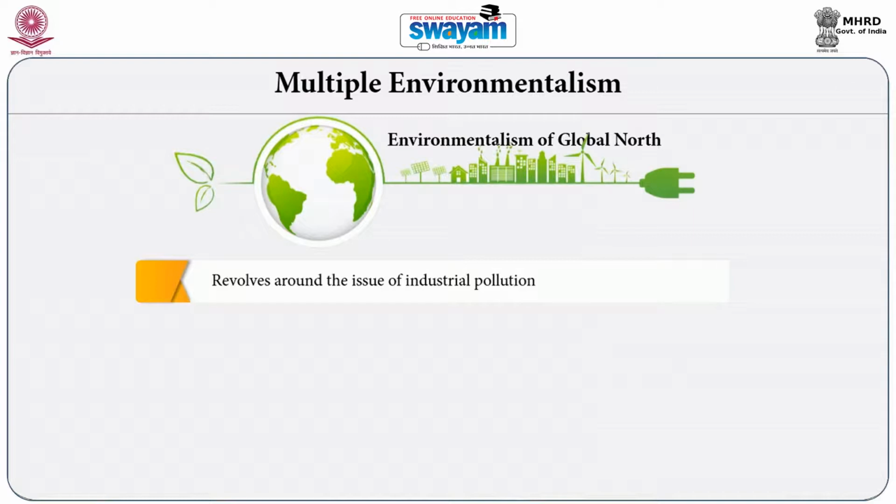So these are single issue movements which emerge in a post-material context, in the sense that throughout the process of industrialization or industrial growth, environmental factors did not occur significantly in the developed societies. It is only from the 1960s and late 70s onwards that we find the emergence of environmental movements in different parts of the world.